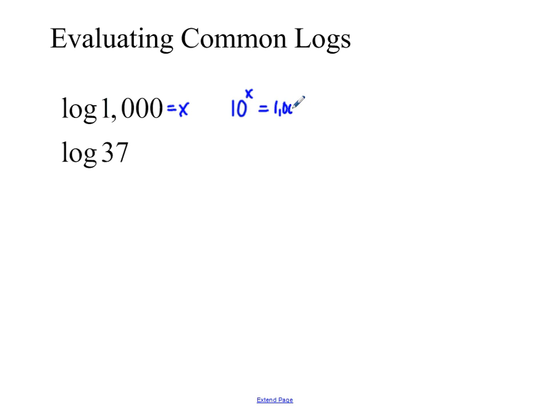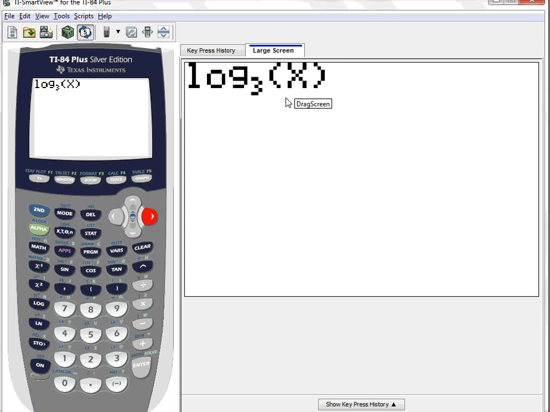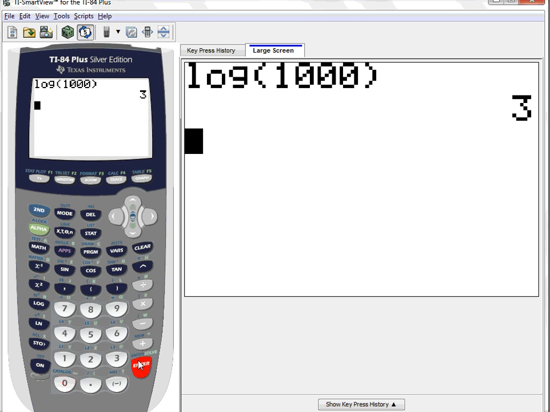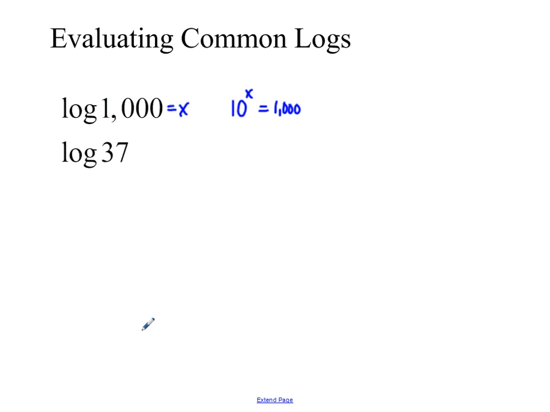And you know what to raise 10 to get 1,000, right? See if you're right. Hop over here to your calculator. Just press the log button, then type 1,000. Close your parenthesis, or not. It'll work either way. Came out 3. So what that means is x equals 3. The log of 1,000 is 3.